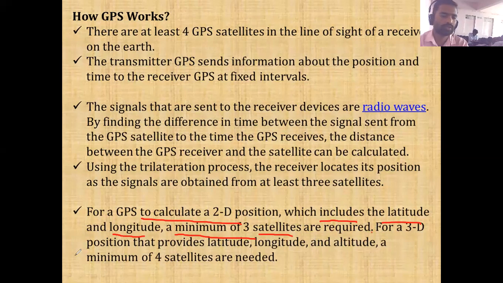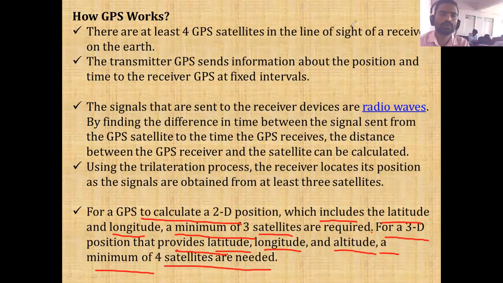Full stop. Next, for a 3D position that provides latitude, longitude, and altitude, a minimum of 4 satellites are needed.